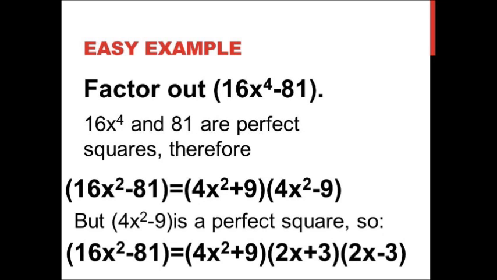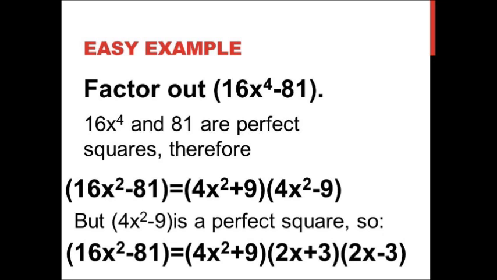So the next example looks like it's really hard. It's 16x to the 4th minus 81. So you might think, this is very hard, I have to solve for long. Look, it's a 4th power. No, think about it this way. 16x to the 4th is the square of 4x squared, and 81 is just 9 squared.